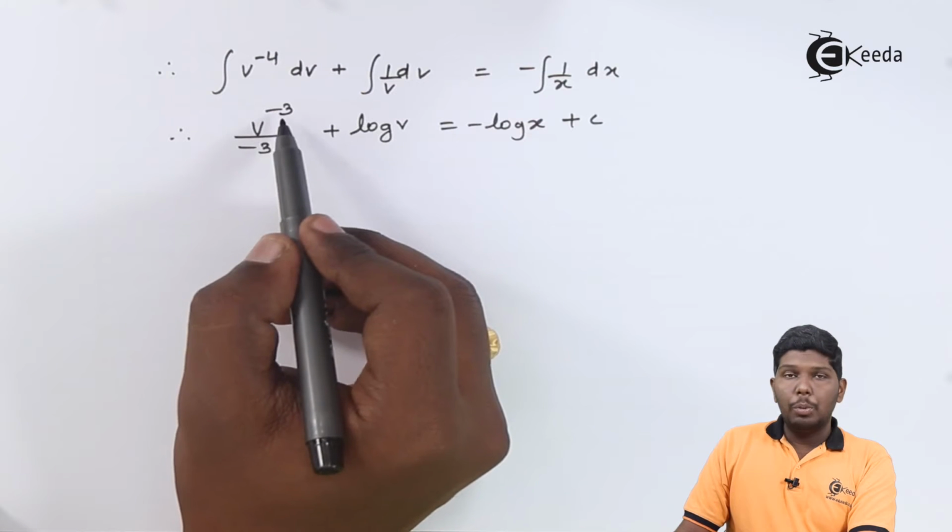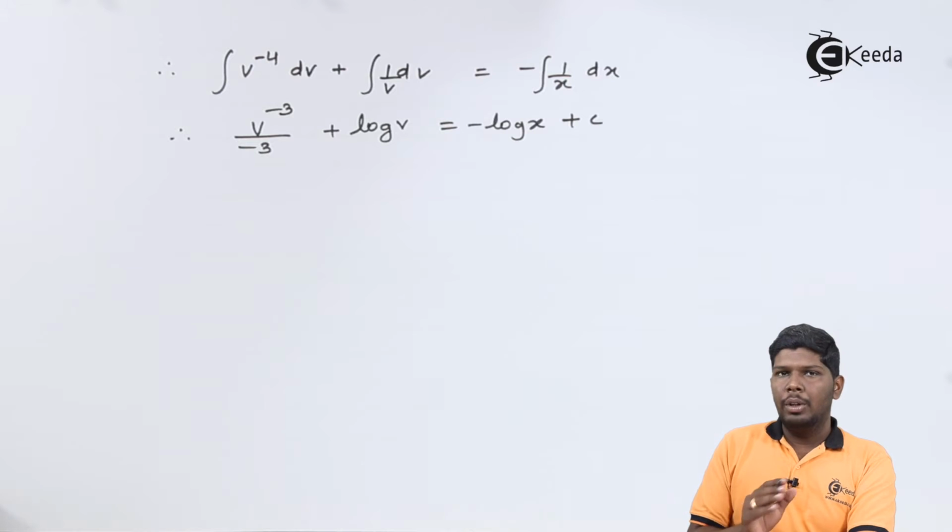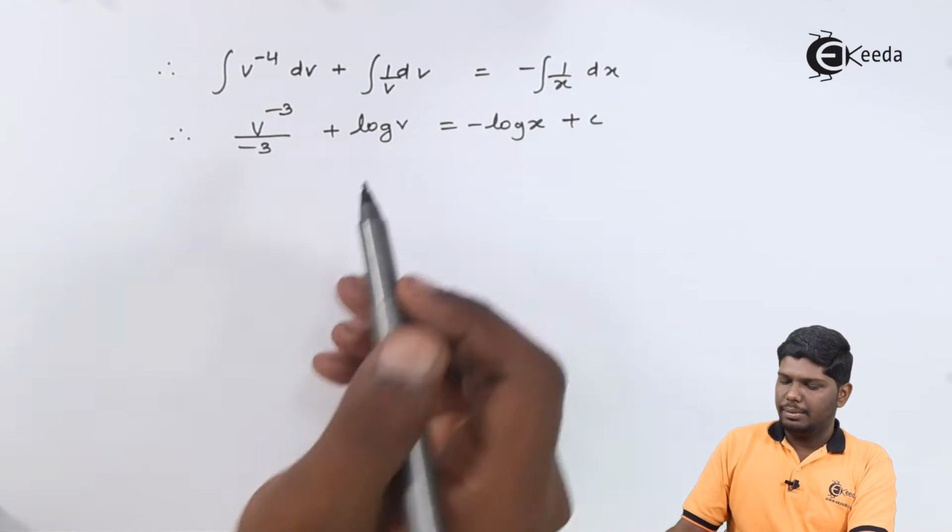This will give you v⁻³ upon minus 3 plus log v is equal to minus log x + c. Now in the last step we are going to resubstitute the value of v, that is y by x.